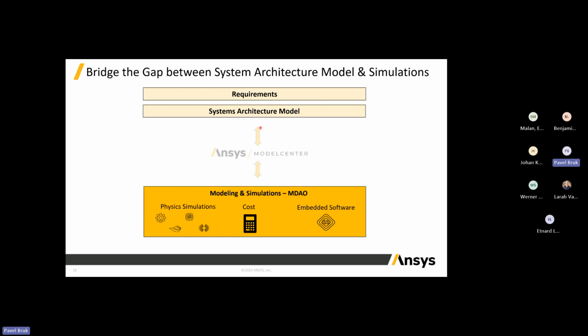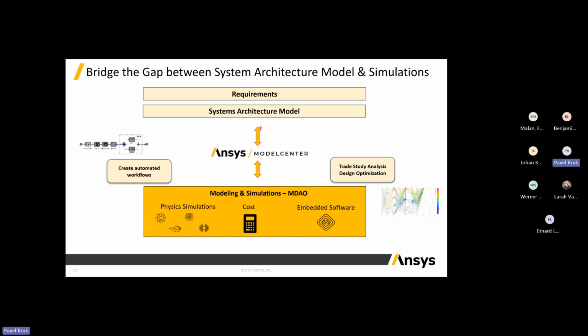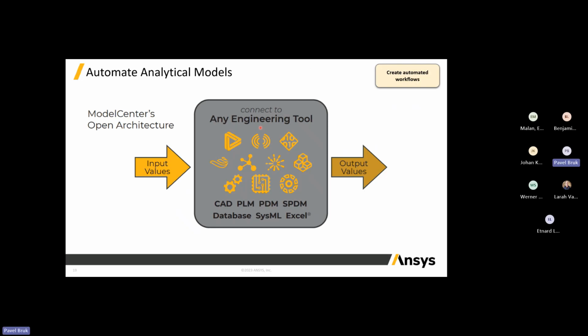For that, we have a product which is called ModelCenter. ModelCenter is designed to cover three key areas. It allows you to create automated workflows. It allows you to perform various trade study analysis and design optimization. And last but not least, and very important in the context of our discussion, it connects these simulations to system models. ModelCenter is unique in terms of creating and automating various analytical models.